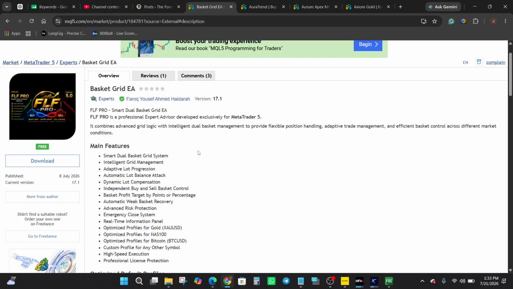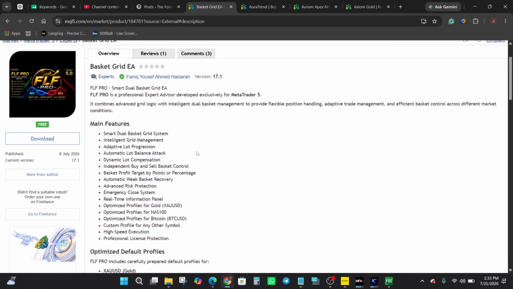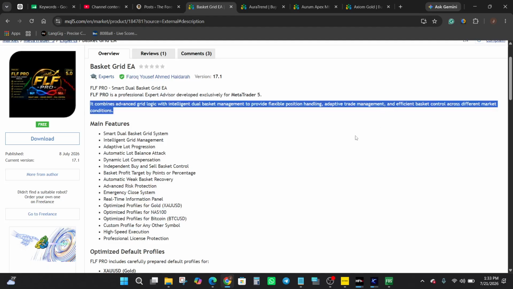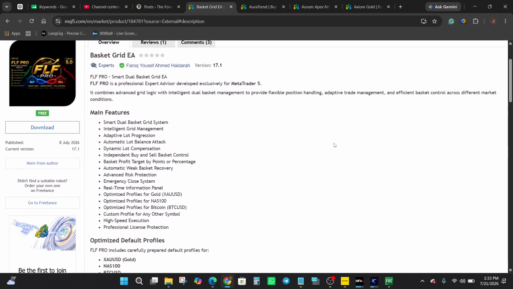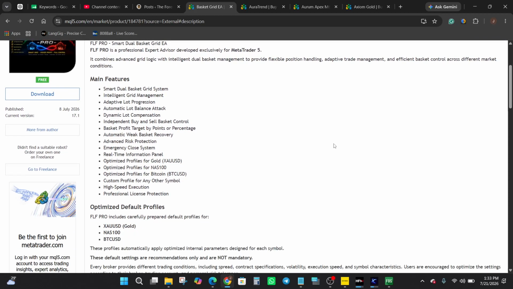Okay, the listing describes this as a professional grid based system combining what it calls smart dual basket management with adaptive trade handling. Now, rather than a single position at a time, the idea here is managing buy and sell baskets independently with features like adaptive lot progression, dynamic lot compensation, and what is described as automatic weak basket recovery.